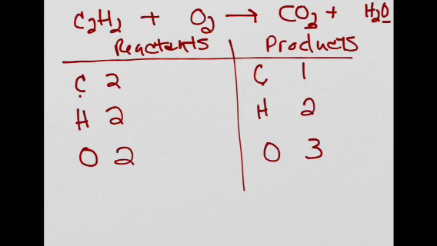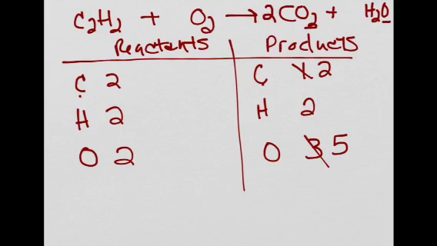So we are going to put a 2 in front of our product carbon, and that will give us 2 carbons. But remember, that also changes the oxygen, so we now have 5 oxygens.